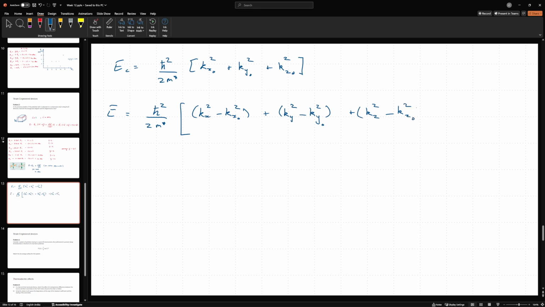So you can now see, let me just quickly factor this out for one term. This is kx plus kx naught into kx minus kx naught. So this quantity will vanish at kx equal to plus minus kx naught.